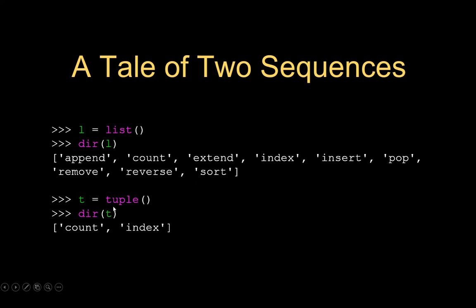But for a tuple, we do the same. We create a new tuple, assign it to the variable t. When we do the method dir, we just get count and index. So again, there are some differences in the methods that we can call upon a tuple compared to a list.